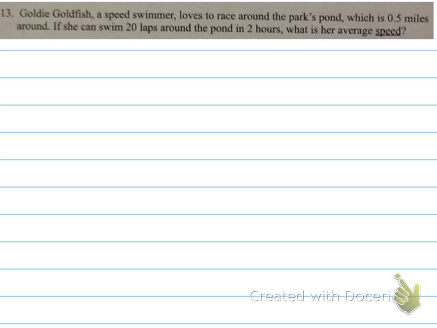So again, I like to pull the information out of the problem, right? And we know she does 20 laps. And we see that each lap is half a mile around. So for her distance, it's going to be 0.5 miles times 20.